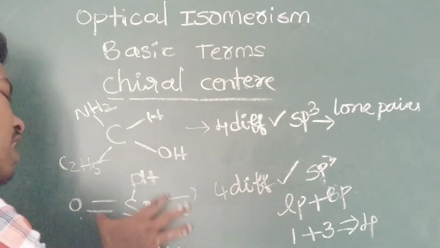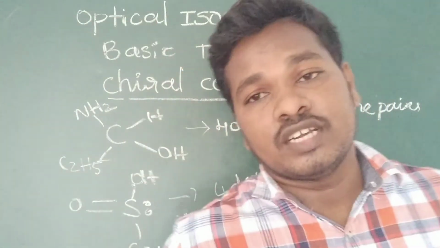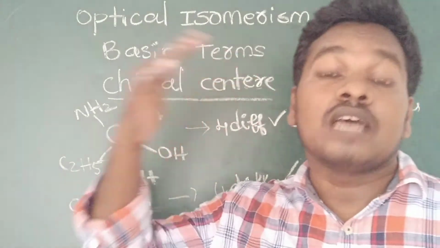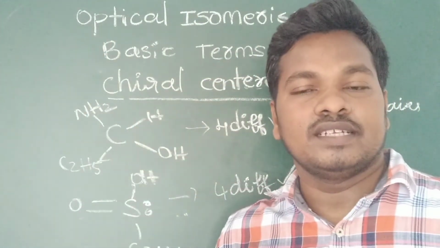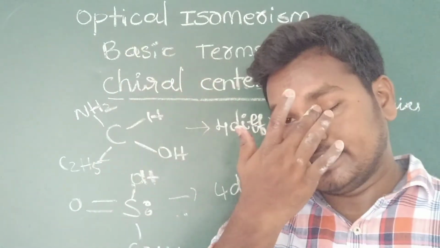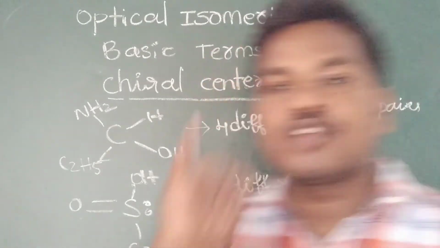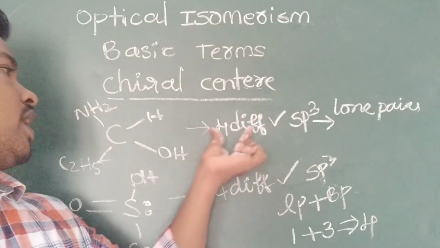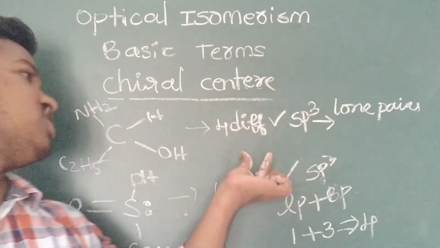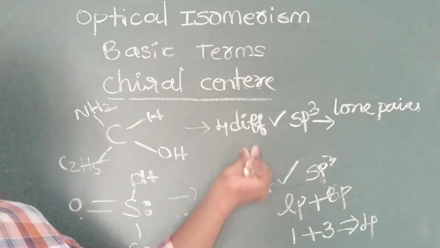If sulfur does, it is called a sulfur chiral center. Like this, oxygen chiral center, phosphorus chiral center. The condition is that four different groups are attached, including the lone pair, and it shows sp3 hybridization.